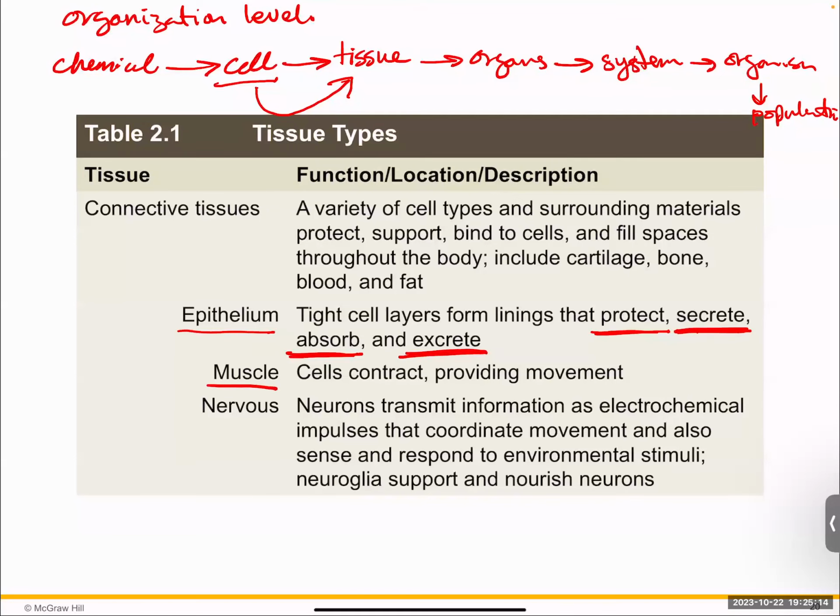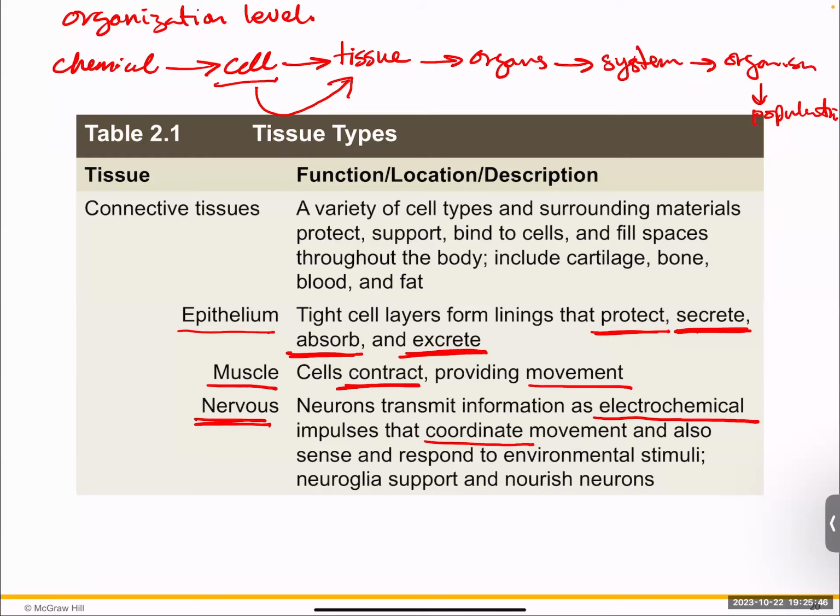Muscle's most important function is contraction, creating movement. Think about your muscles, your heart, intestines, etc. Nervous tissue creates electrochemical signals, which means electricity with the help of chemical signaling, and its importance is control and coordination of anything that happens in our body.